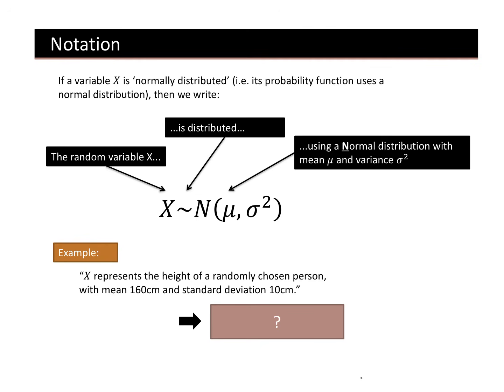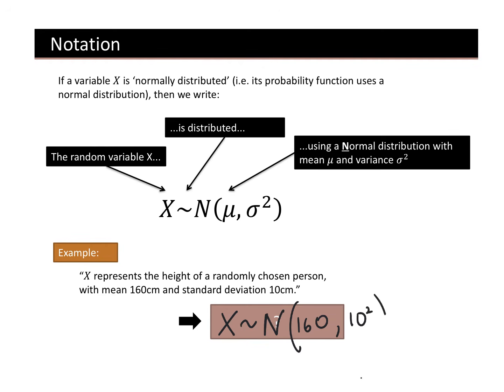Now this notation might seem a little bit scary, but it really isn't. All we have to do here is, this is an example. X represents the height of a randomly chosen person with mean 160 and standard deviation 10. So if we were to write this in notation form, we know height is continuous. You're just going to write the random variable X is distributed with the normal distribution with a mean of 160 and a standard deviation 10.